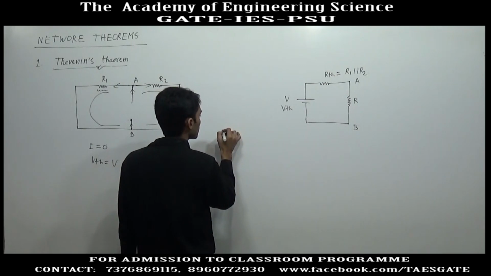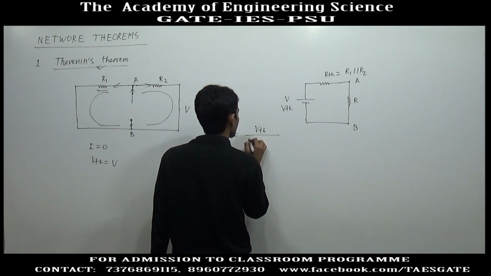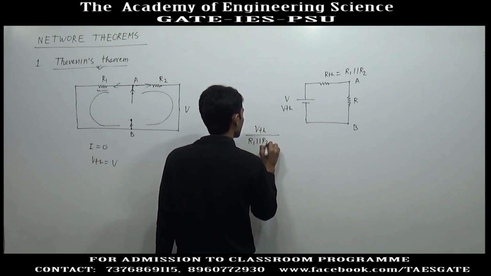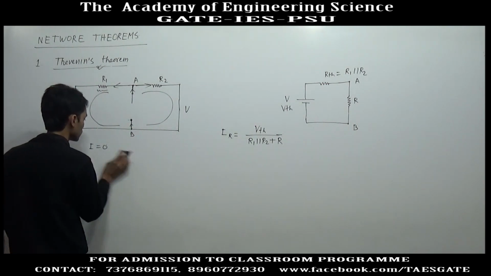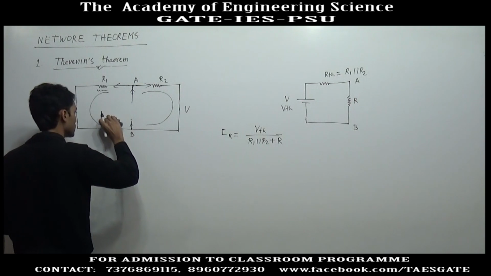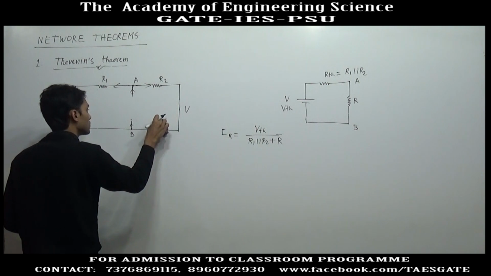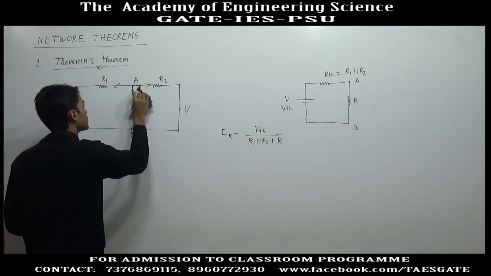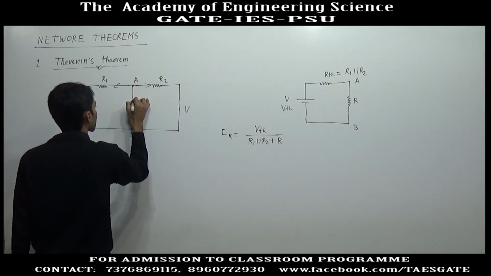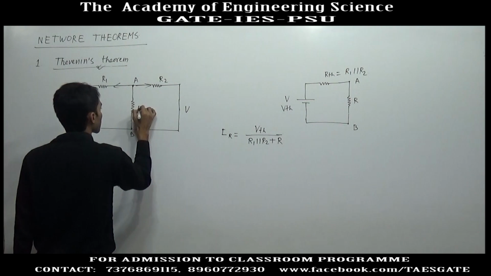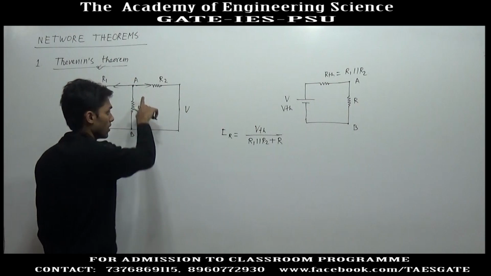So the current through resistance R will be VTH divided by R1 parallel R2 plus resistance R. So this way we can calculate current in the resistance R.